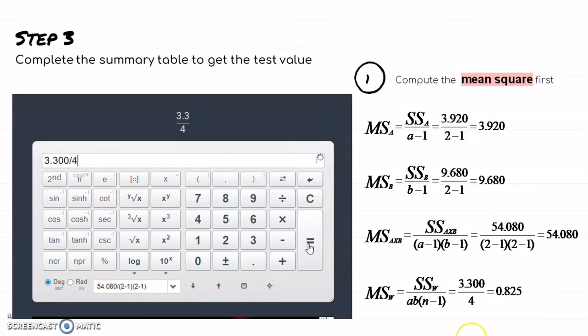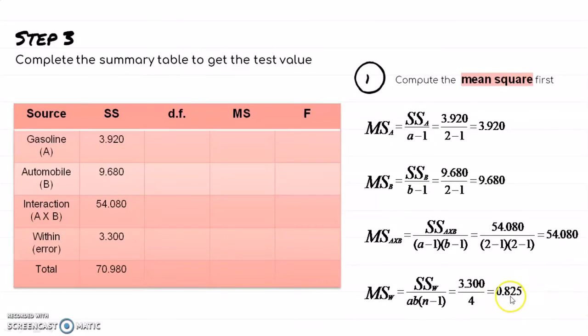Okay, so kita akan dapat jawapan dia 0.825. Okay, so tadi kita dah selesai compute mean square.